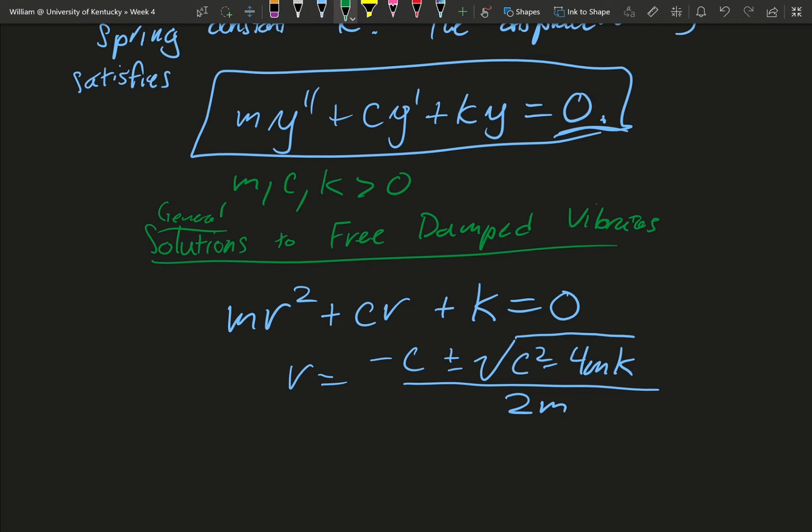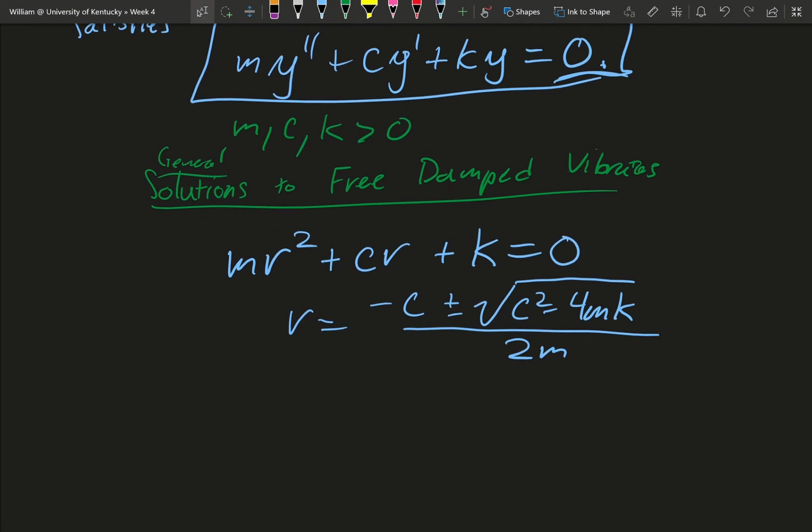So there's a couple different cases, and these all go by special names, and I'll say a little bit about them. The first case happens when c equals 0. In this case, c goes to 0, so we just get r equal to plus or minus the imaginary unit i times the square root of k over m, because m and k both have to be positive.